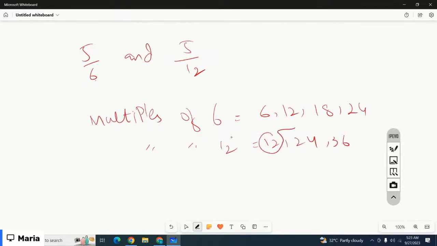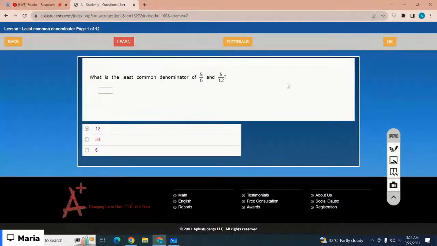So you can see the smallest number common is 12. That means their least common denominator is 12. Got it? The correct option is 12.